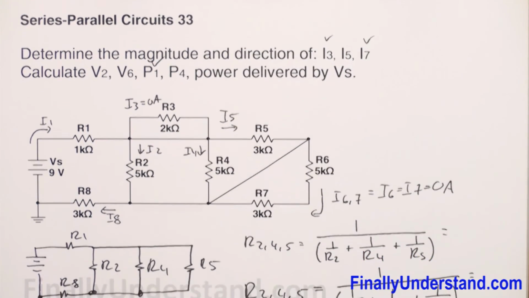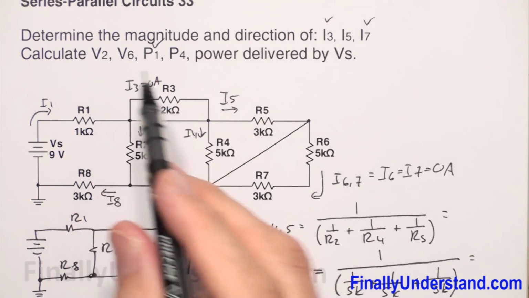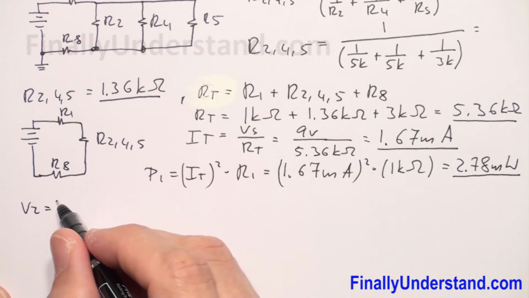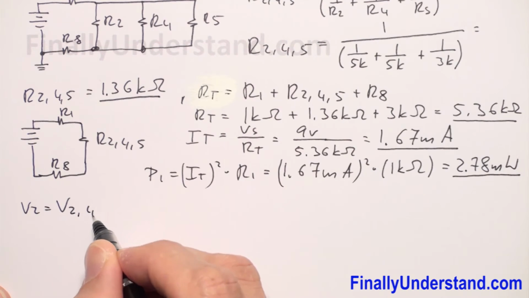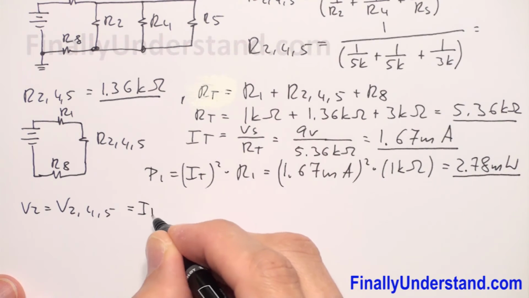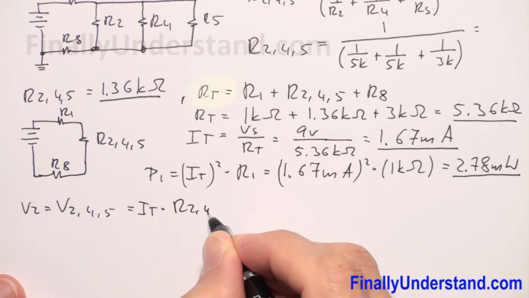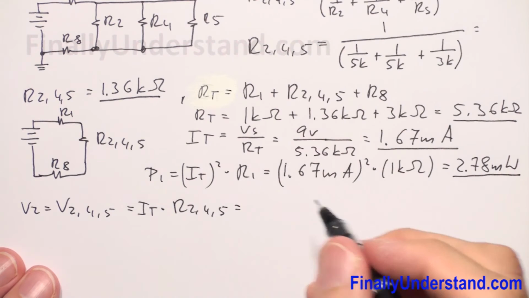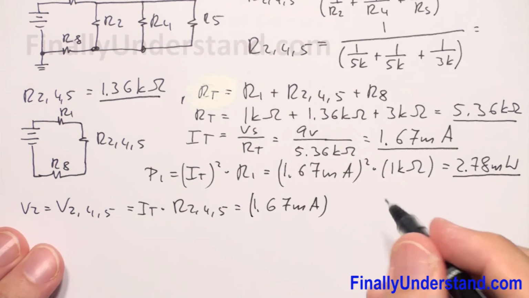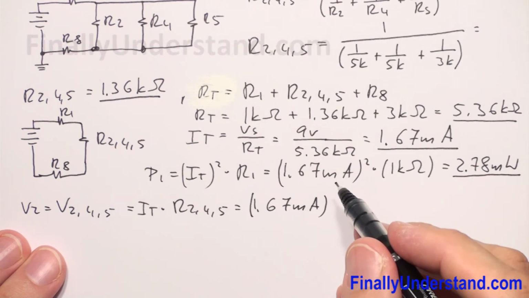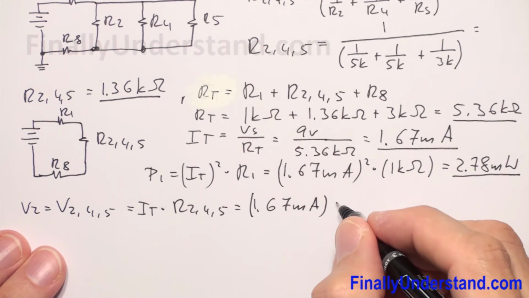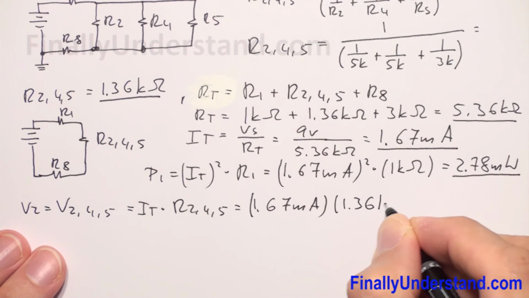Next, we're supposed to find V2. We have to realize that V2 is equal to the voltage across resistor R245. So this is equal to I total times R245. I total is 1.67 milliamps times R245, which we found is 1.36 kilo ohms.